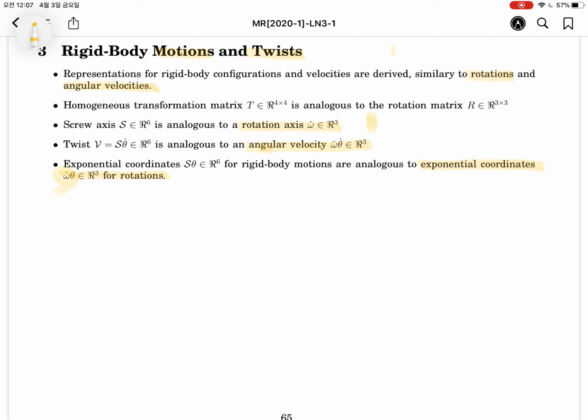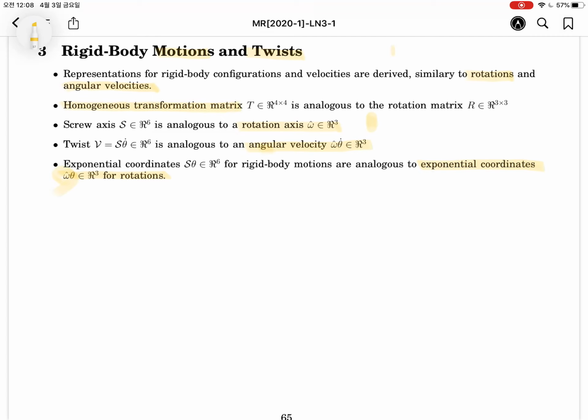In order to describe the rigid body motion, we have 6 elements, such as 3 rotation and 3 translation. But in order to describe the rigid body motion, we will introduce the homogeneous transformation.